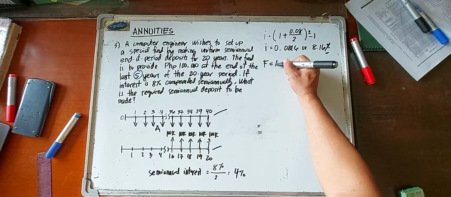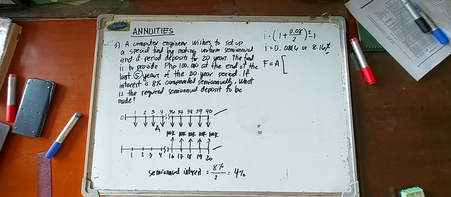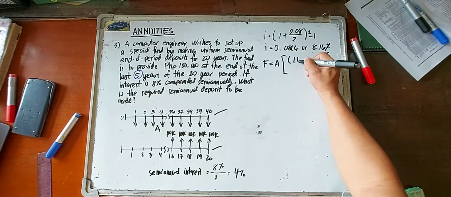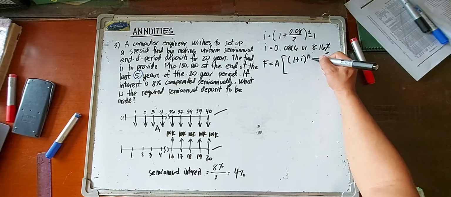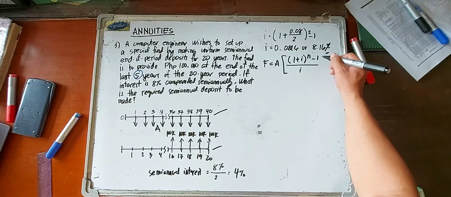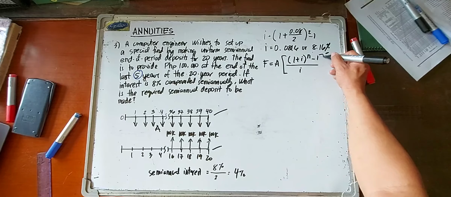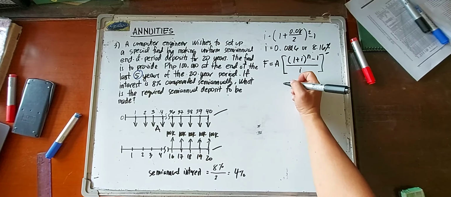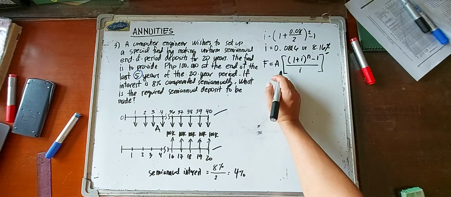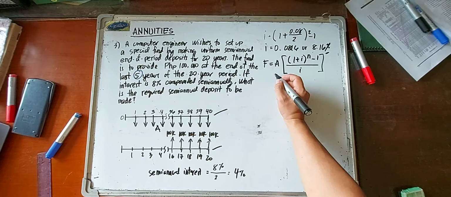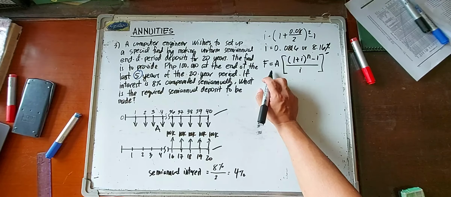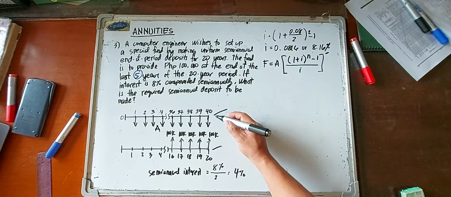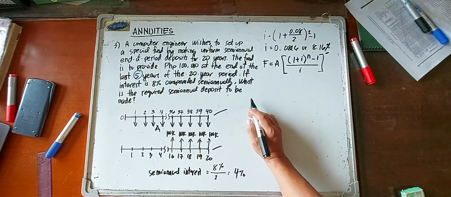It's equal to... okay, so to get the future worth of a series or periodic payments, ito yung formula natin to solve for the future worth. Okay. And yung both cash flows naman involves the calculation of future worth.